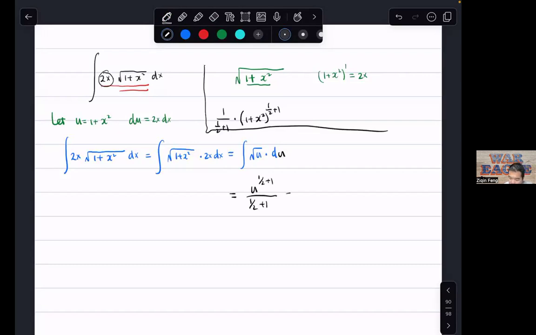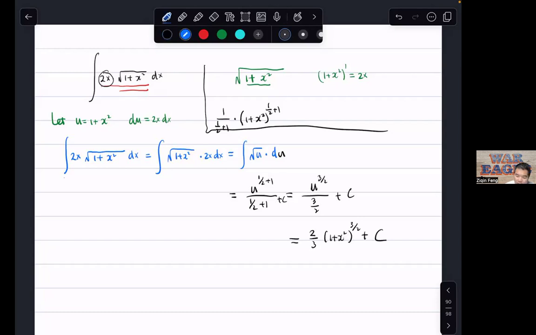And so this is equal to u to 3 over 2 over 3 over 2 plus a constant. We plug u back in, you get 2 over 3, 1 plus x squared to the power 3 over 2, then plus a constant.